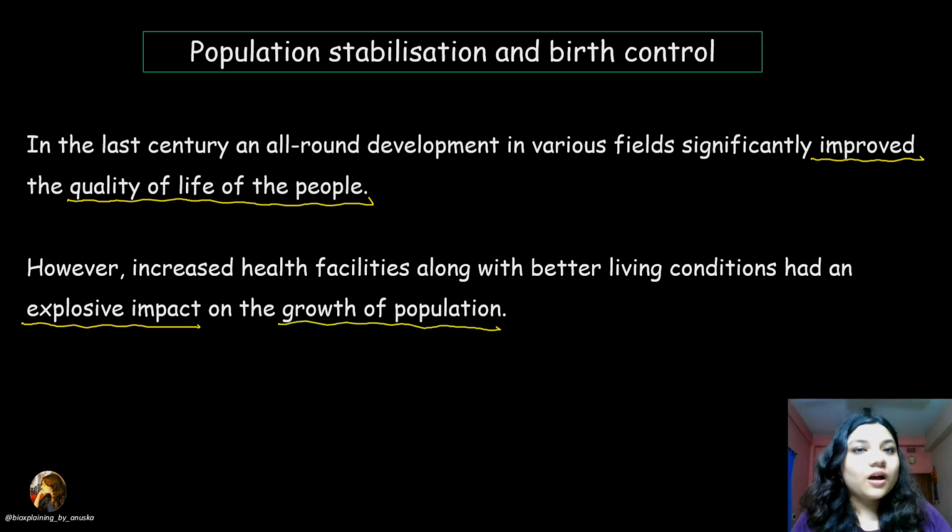Meaning, earlier, for example, if 20 people would die of diabetes, now with newer medicines and easily available treatment, say only 2 people die. So what happened was the population is increasing explosively, right?